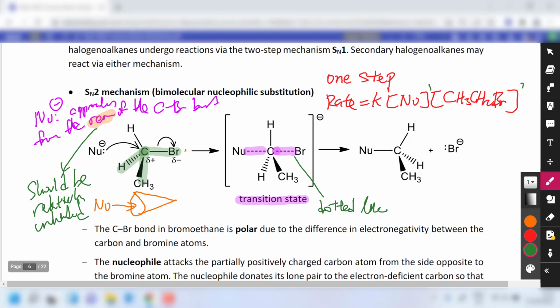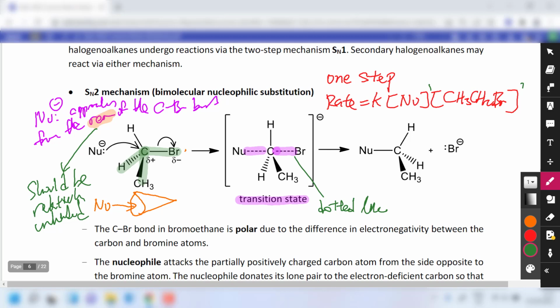The total charge of the transition state needs to be written. If you don't write the total charge, you will probably be penalized, because conservation of charge is important for any kind of reaction.